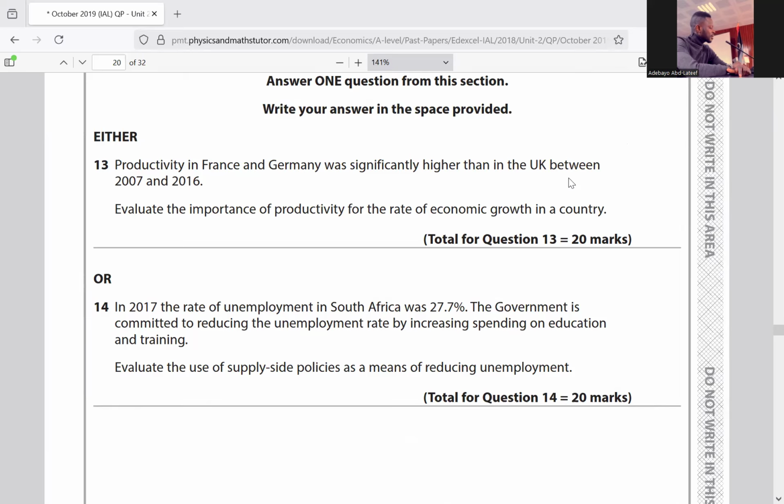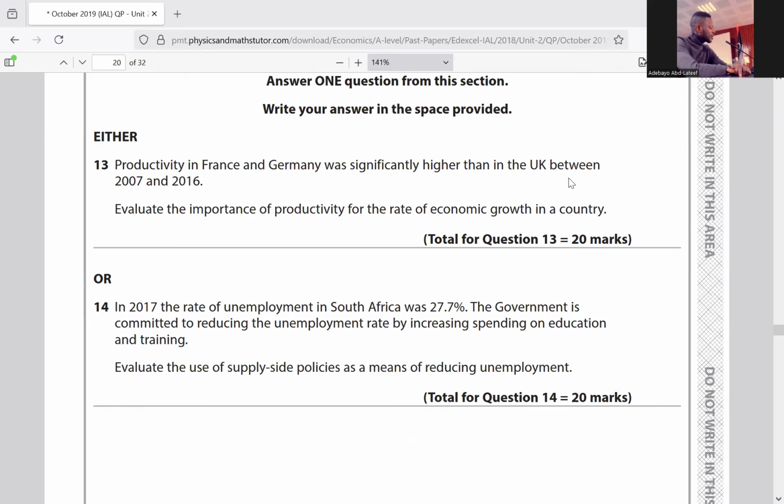So for economic growth, based on the question, it said the productivity in France and Germany was significantly higher than in the UK between 2007 and 2016. Evaluate the importance of productivity for the rate of economic growth in a country.